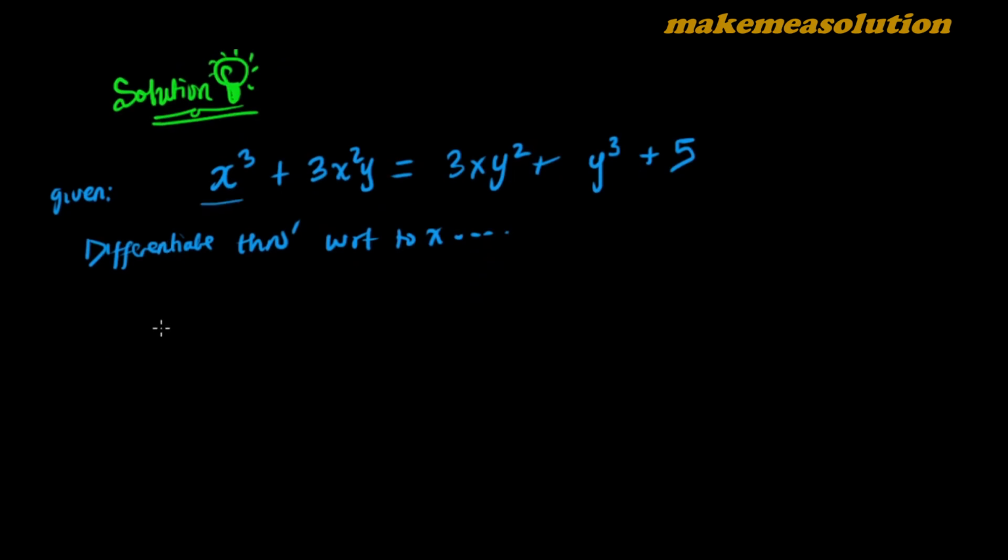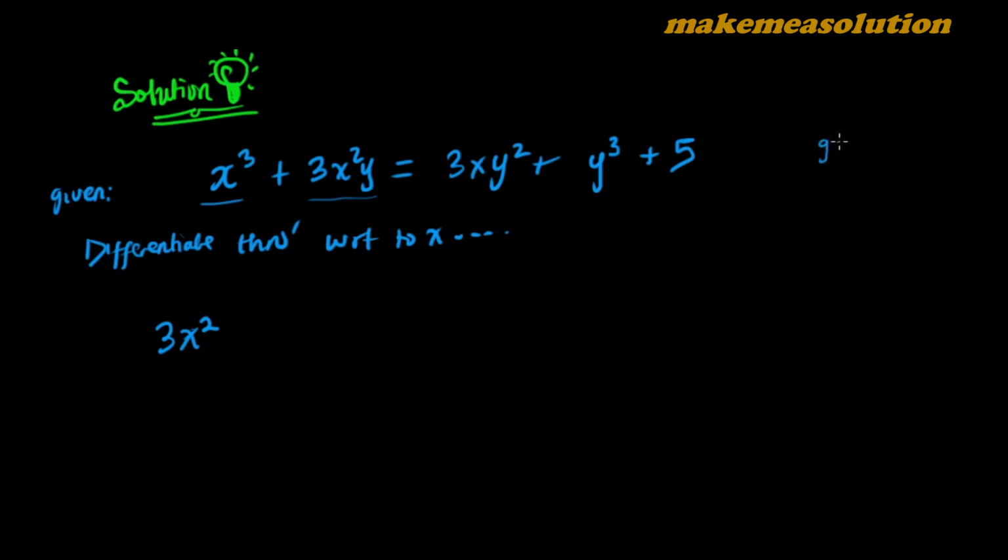Starting with this term, differentiating with respect to x, you get 3x squared. Is that okay? Now you move over to this term. This term is actually a product term, in the sense that we have 3x squared y. So y is a function of x implicitly. That is why these are called implicit functions.